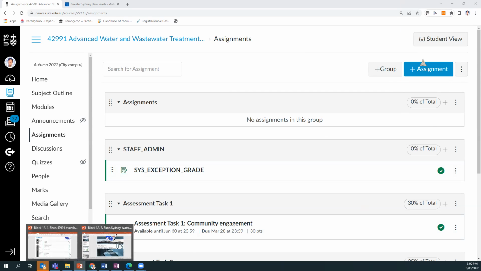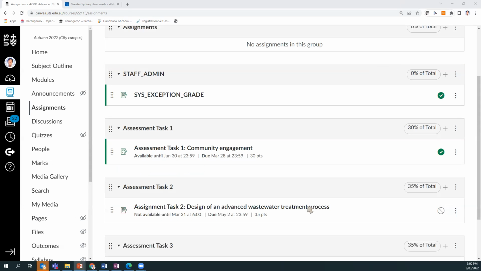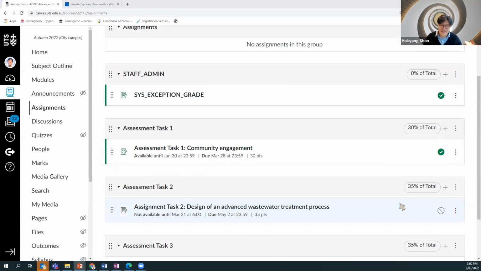Excuse me, Professor. I don't know about others, but I'm not able to see the other assignments in the assignment section. You are right, because we have not yet opened the assessment tool. We just let you access assessment 1, and we will open the others after that. We don't want to give them to you at the same time; we can go one by one.